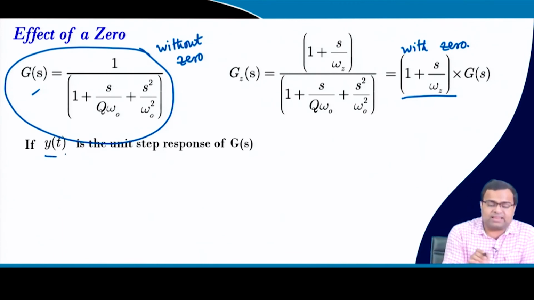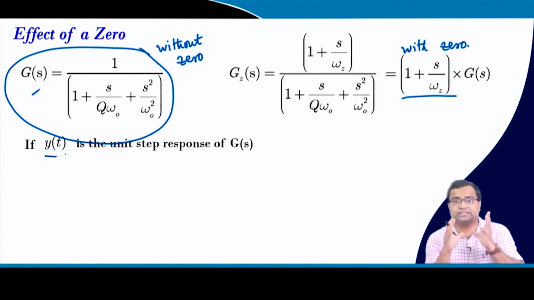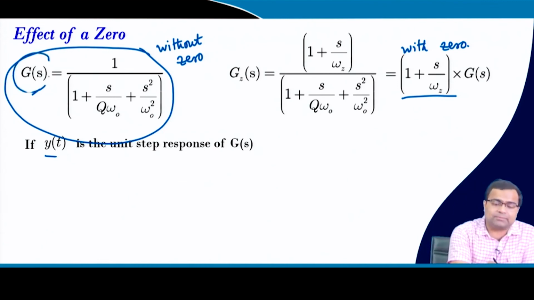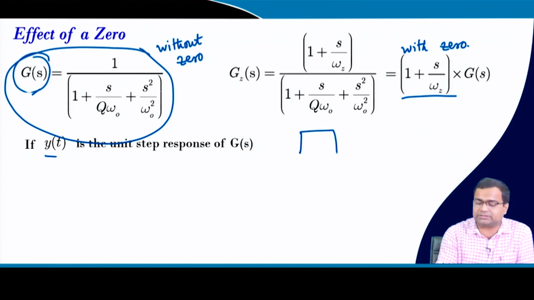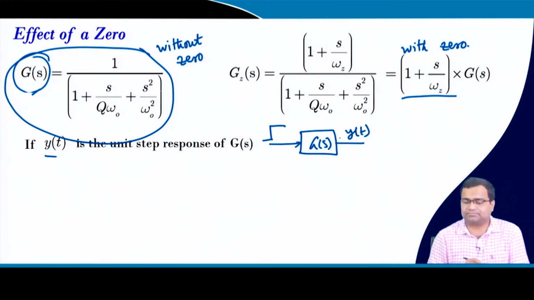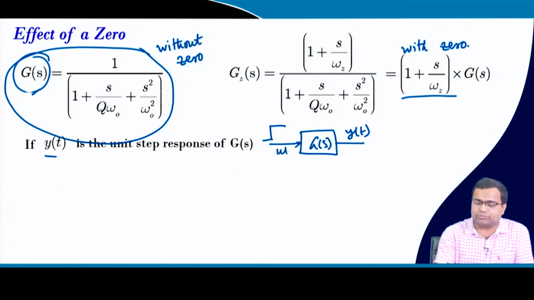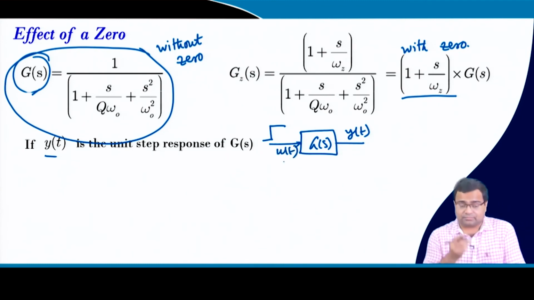If y of t is the unit response of this, that means we have applied a unit step to this system, this is our system G(s), and we want to check what is the response of this system. This is my input.